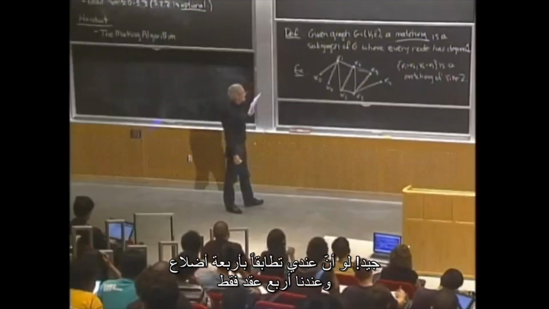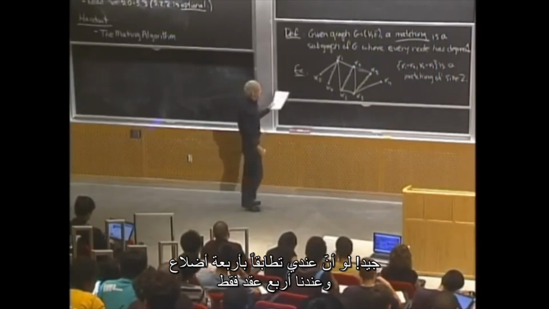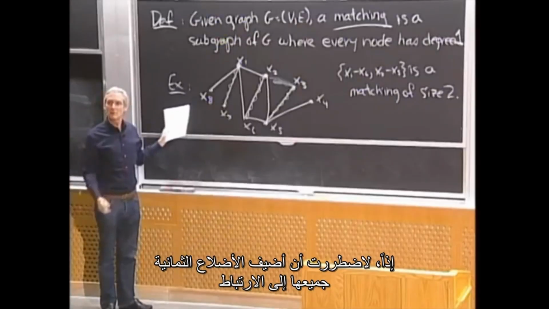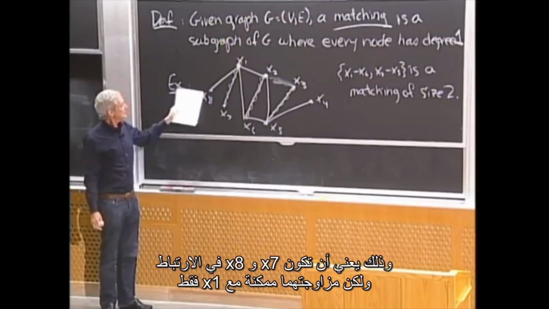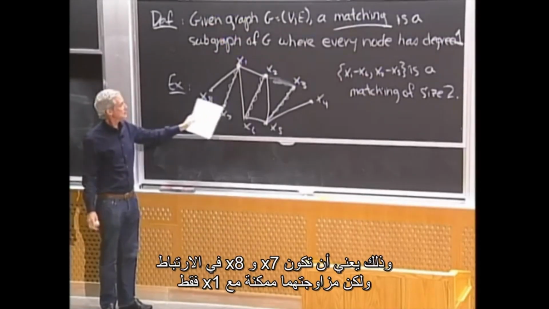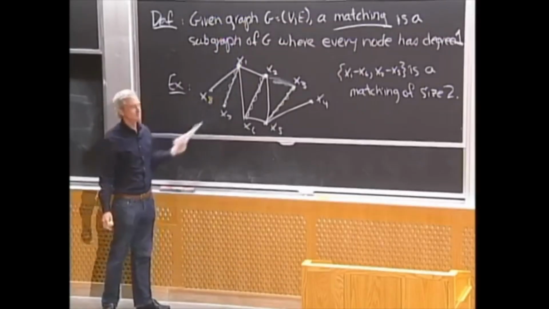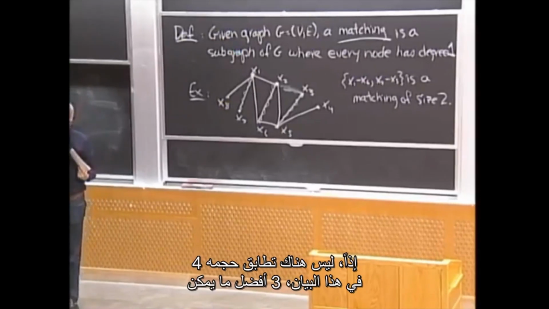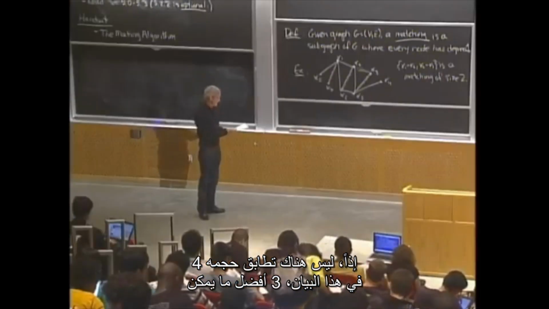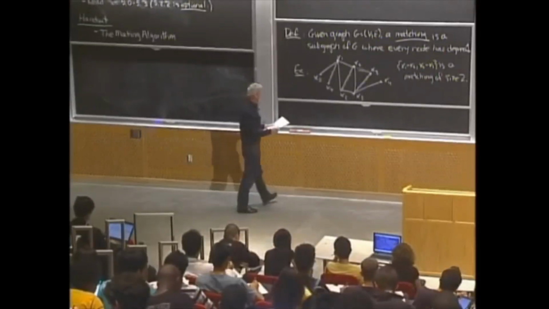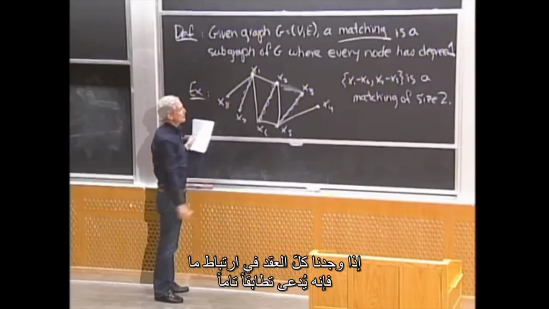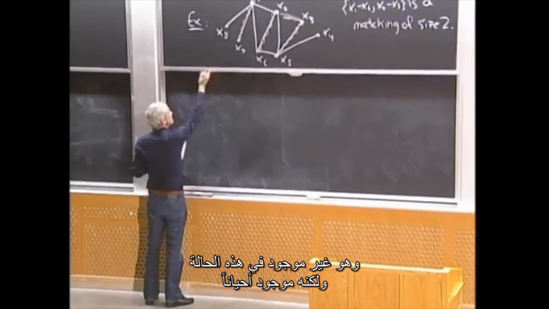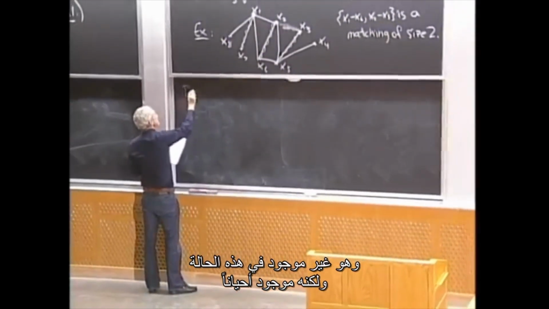If I were to have a matching with 4 edges, well, there's only 8 nodes. So I'd have to have all 8 nodes involved in the matching. And that means x7 and x8 would have to be in the matching, but they can only be paired with x1. And so it's not possible to do that. All right, so there is no matching of size 4 in this graph. 3 is the best I can do. Now, when you get every node in a matching, then it's called a perfect matching. And so in this case, it doesn't exist, but sometimes it does.